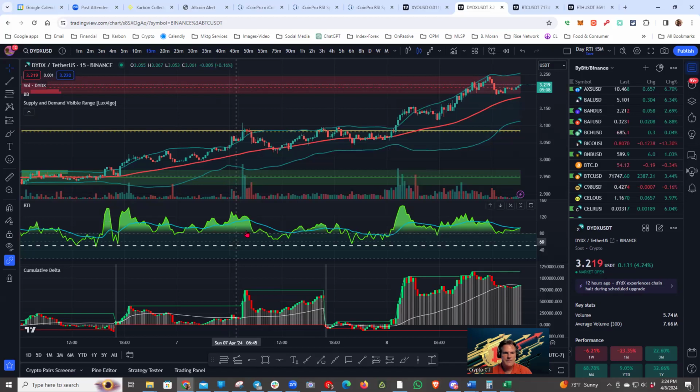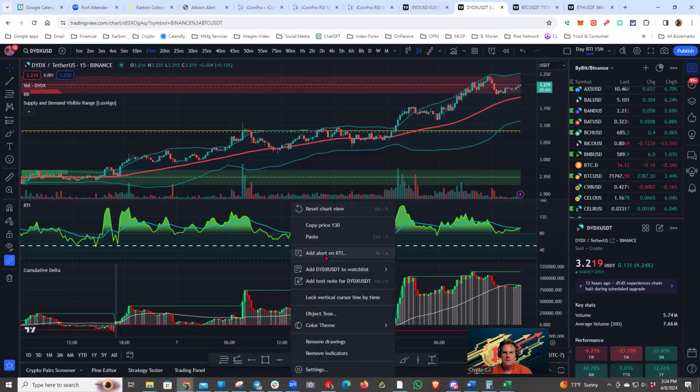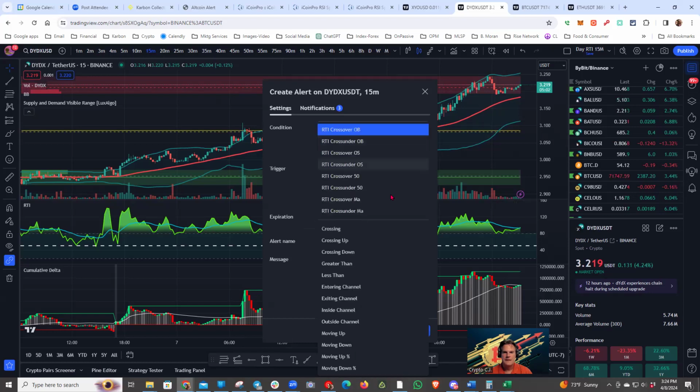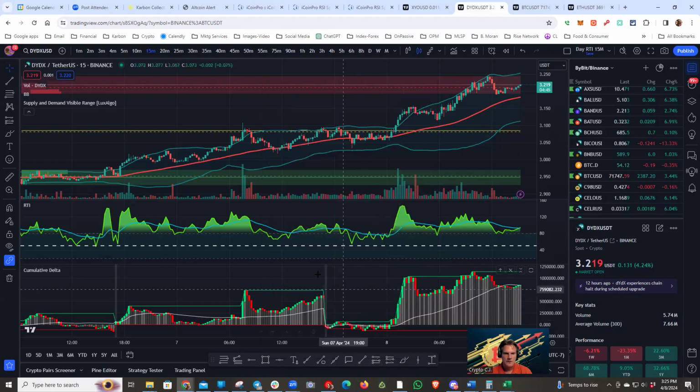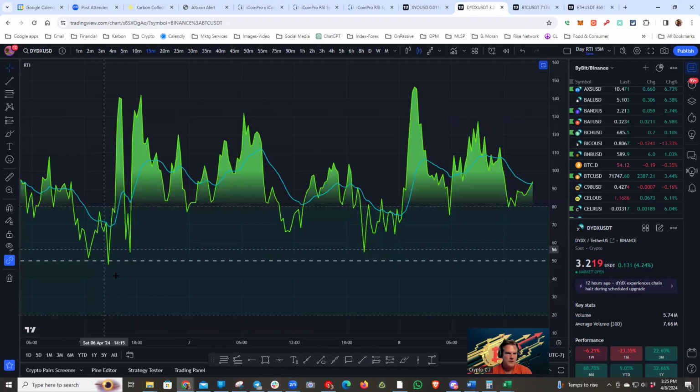But if you want to do something more trend-based, you can do crossing and not indicating a direction. Choose 50, once per bar close. That'll let you know if it breaks above the 50 for a long, breaks below the 50 for a short. And the rest is the same. And you could have taken, like this one would have triggered on the 50.